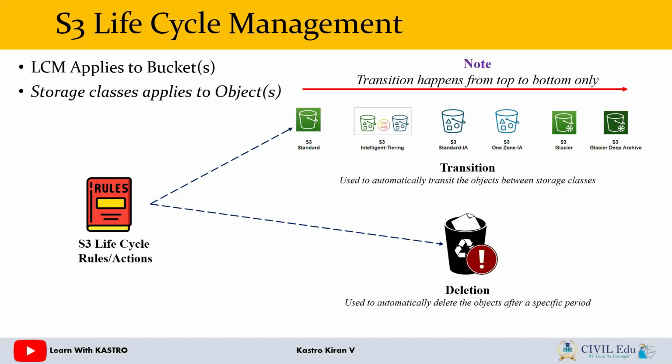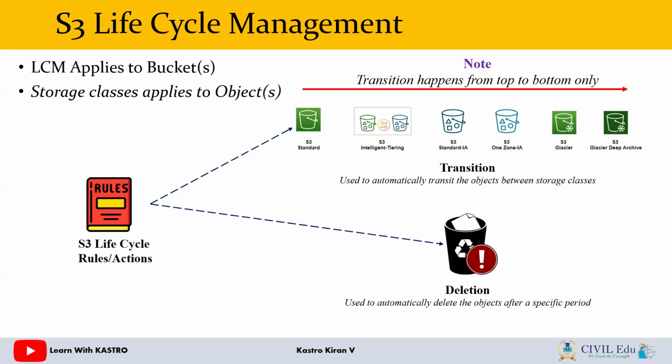You can change from One Zone IA to S3 Glacier. But you cannot change the storage class from S3 Glacier to One Zone IA. You cannot change from One Zone IA to S3 Standard. You cannot go in reverse order. You can only go from top order to the bottom order. This we will clearly see when we are doing the practical demo.